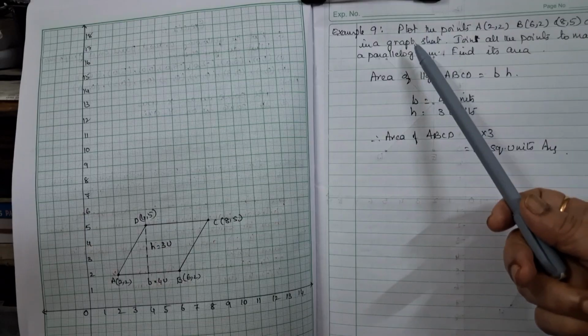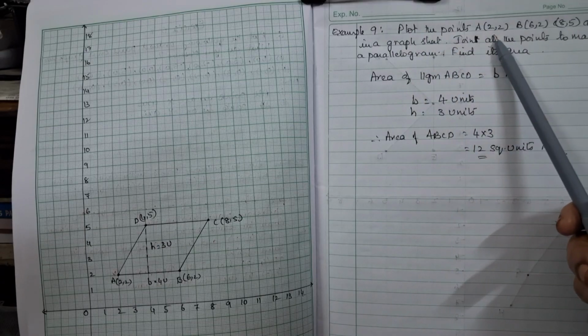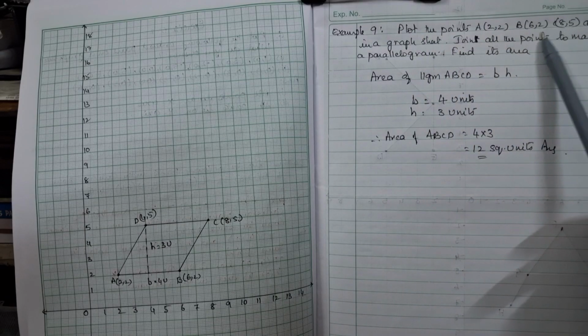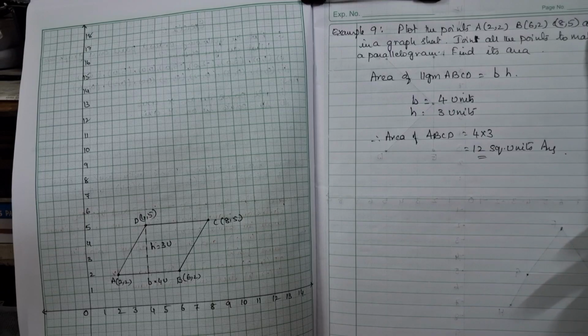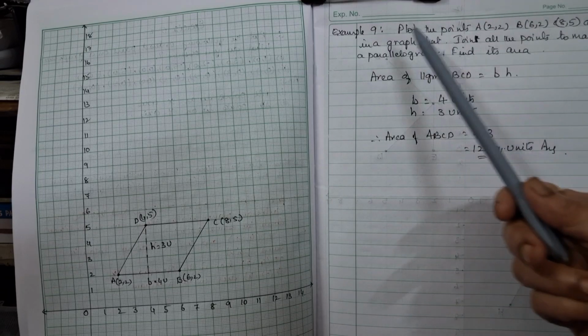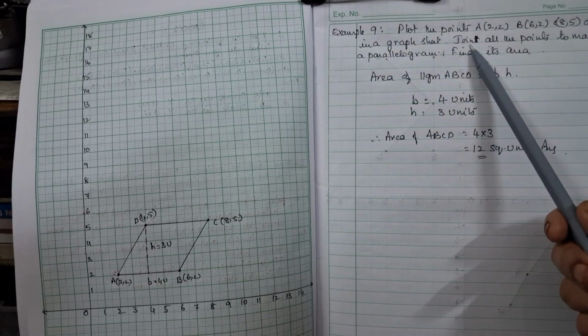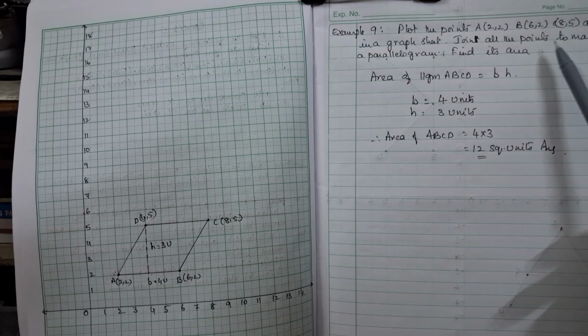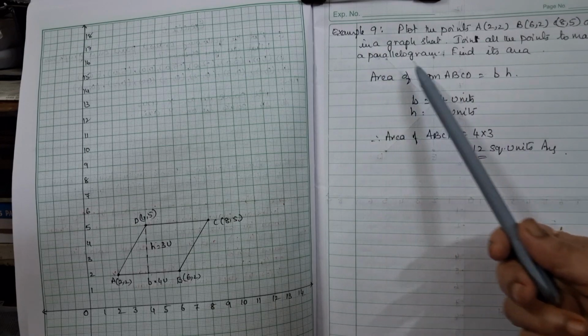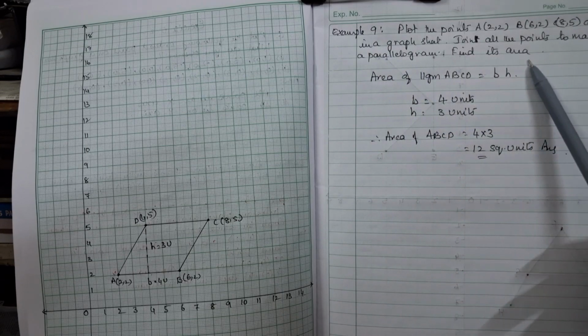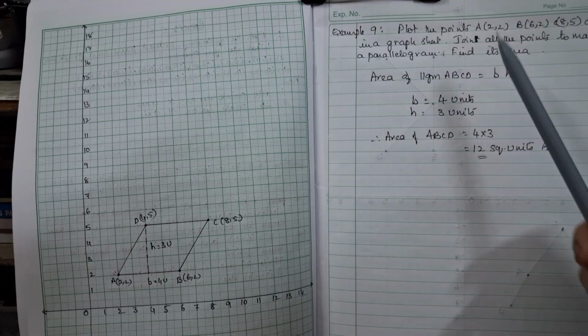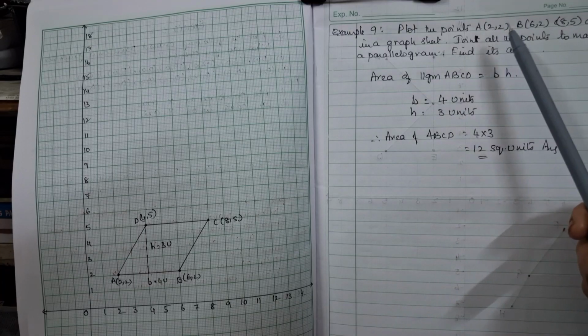Now, example 9, children. Plot the points A (2, 2), B (6, 2), C (8, 5) and D (4, 5) on a graph sheet. Join all the points to make a parallelogram. Find its area. So you have to plot A (2, 2).